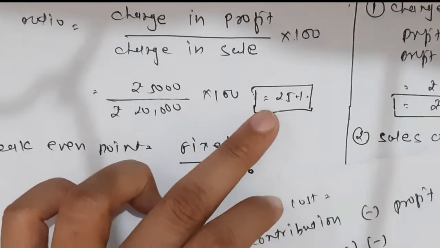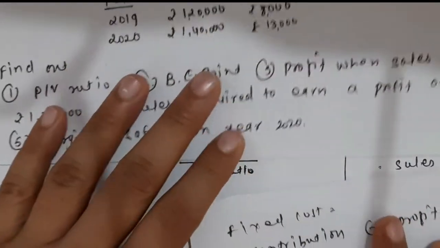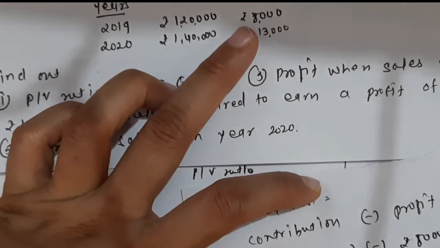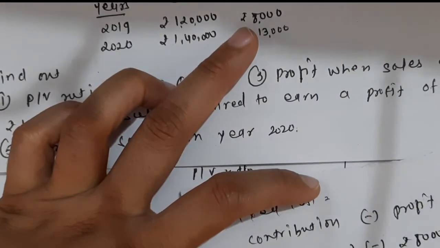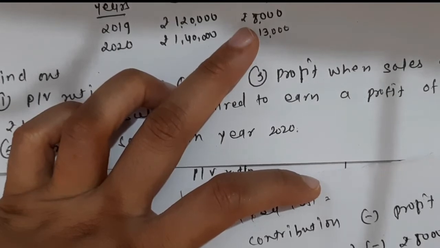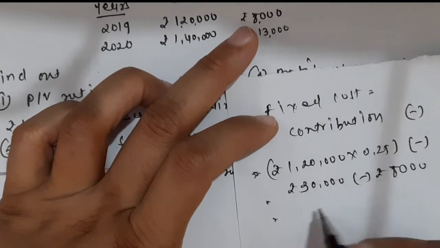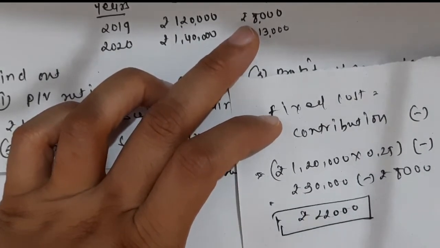Profit of 2019 is how much it is given? Rupees 8,000 is given. So 1,20,000 into 0.25 is 30,000 minus rupees 8,000. Okay, so 30,000 minus 8,000 is rupees 22,000. So rupees 22,000 is our fixed cost.